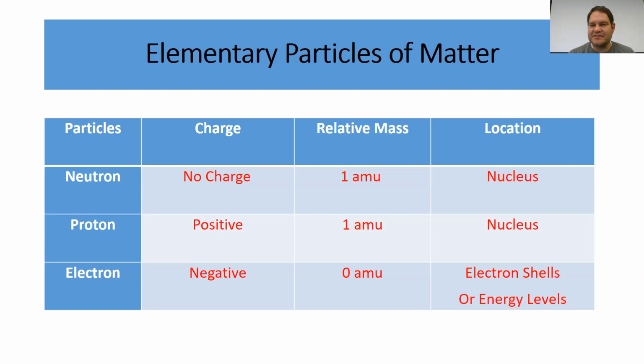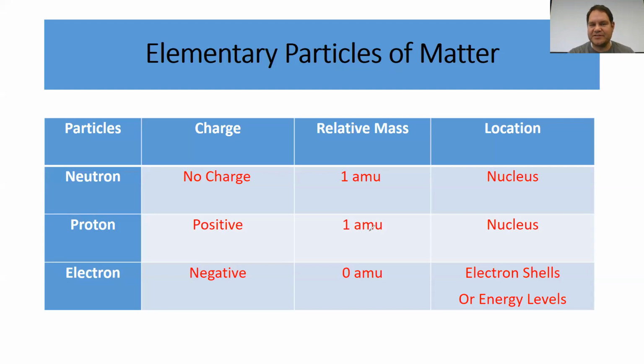Since the proton and neutron are relatively the same size, we've assigned a single proton a relative mass of 1 AMU, okay? This 1 AMU is referred to as an atomic mass unit, and you might want to write that down to remember it.